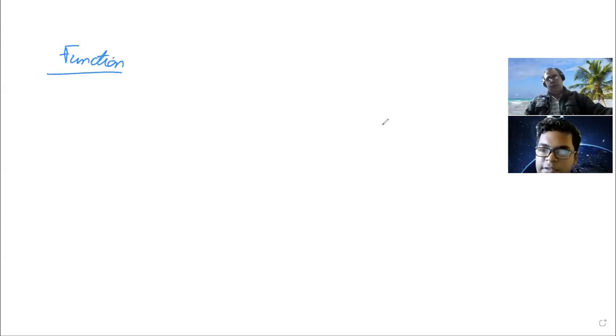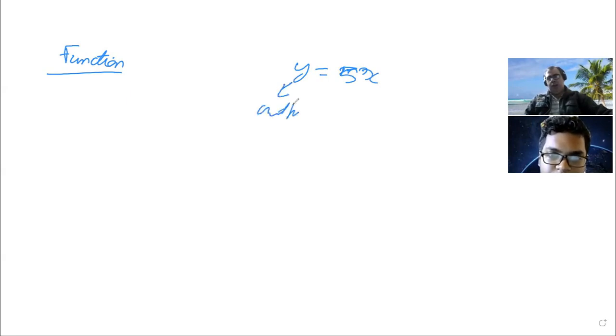Okay, so do you know what a function is? Any idea about this? Yeah, it's something like y is equal to 5x, an equation relating y and 5x. So can I say that y is the output and x is the input?